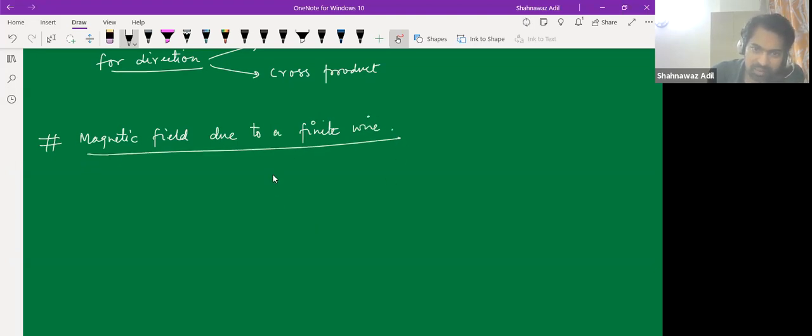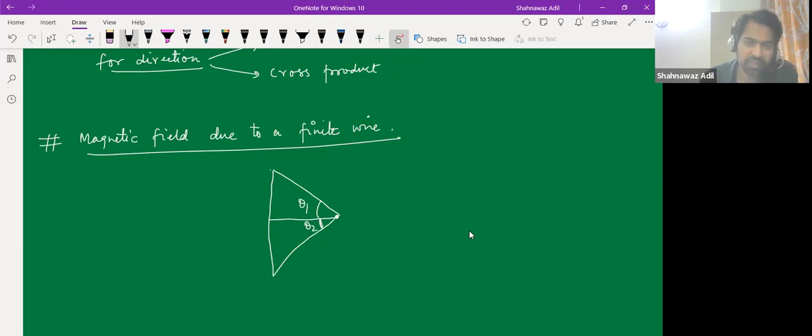So let's say we have this finite wire. This length and this length is fixed, right? And if we calculate the magnetic field at this point, there would be two angles. One would be this theta 2, and this angle would be theta 1, right?